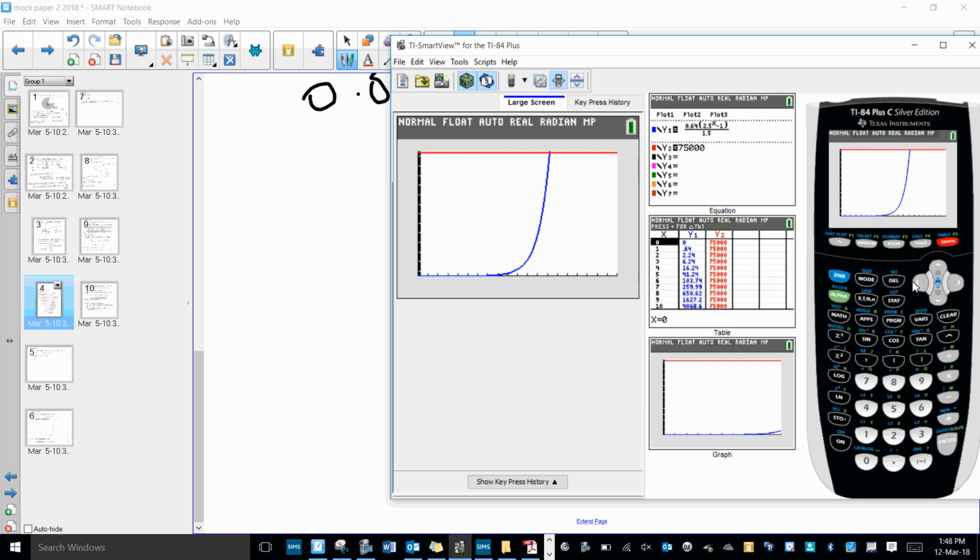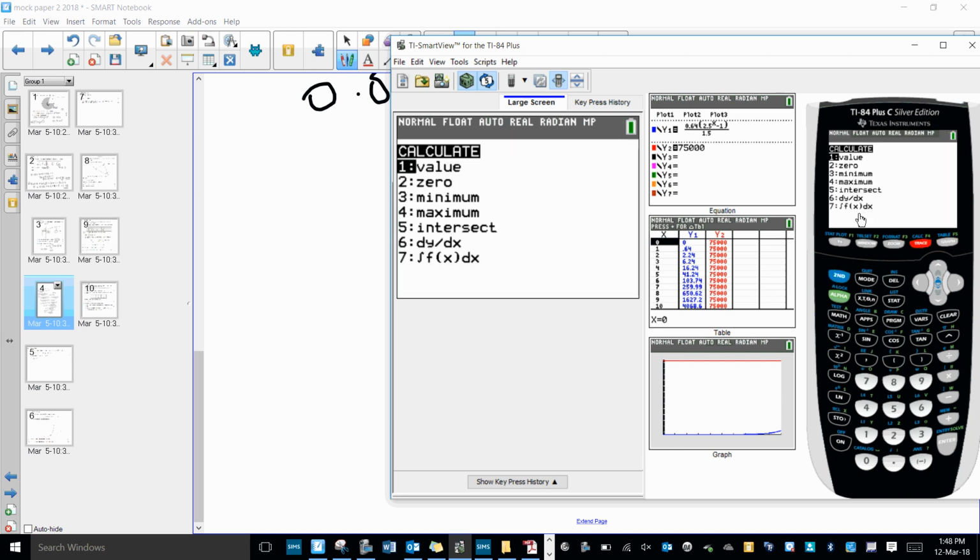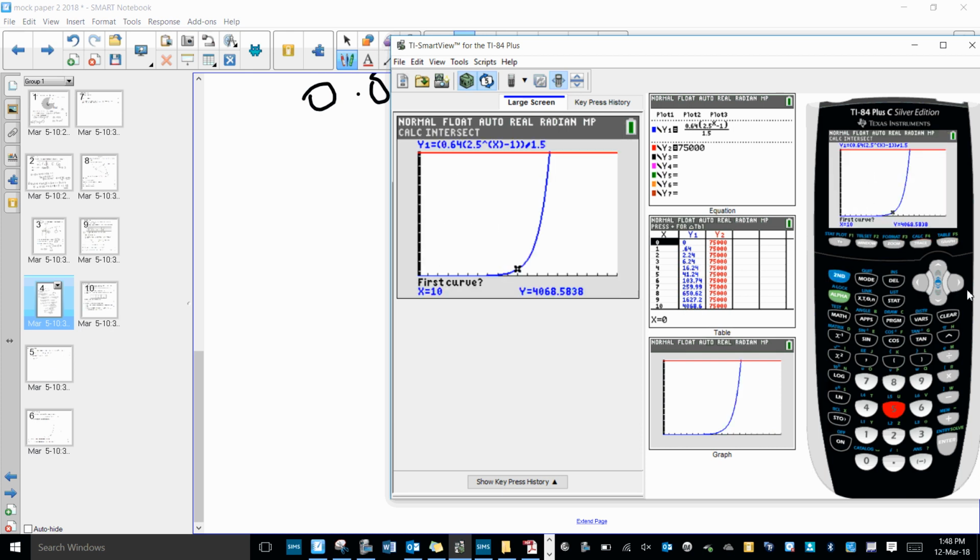Okay, and then we're going to calculate the intersect. So enter, enter, enter. It tells us it's at 13.1803.